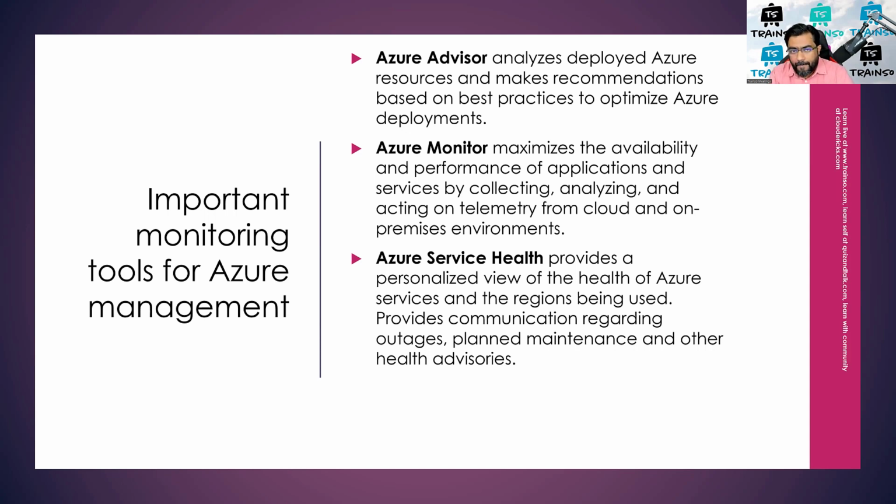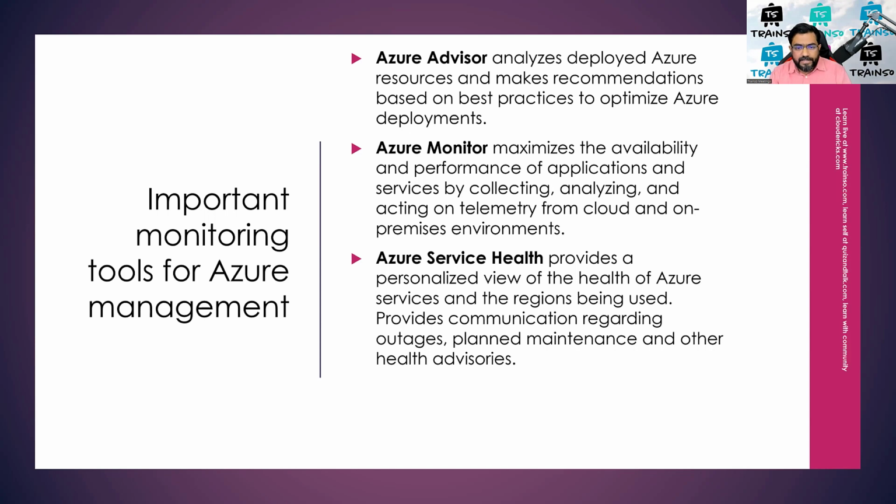So under monitoring tools, you have Azure Advisor. It analyzes deployed Azure resources and makes recommendations based on best practices to optimize Azure deployments. You have Azure Monitor, which maximizes the availability and performance of applications and services by collecting, analyzing, and acting on telemetry from cloud and on-premises environments. You can create metrics and all, and then create alerts and all, and then monitor your Azure environment.